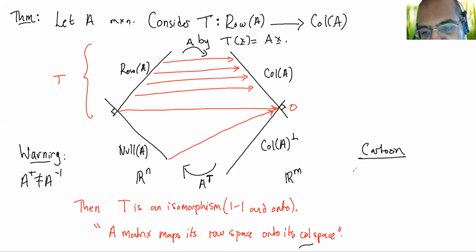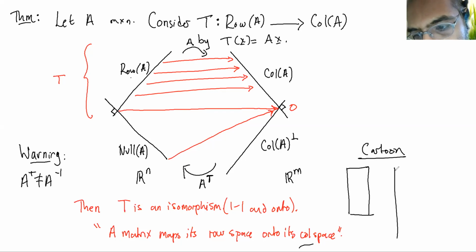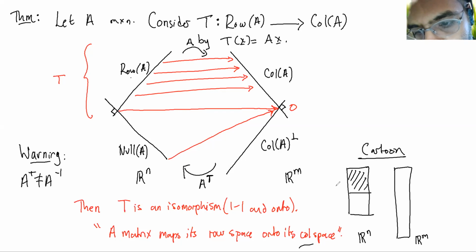Okay, so a cartoon of this: M doesn't have to be equal to N. That's the magic of this, right? Let's say you're going from Rn to Rm. In here there's the row space, and then there's a null space.